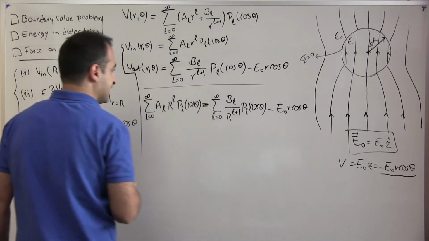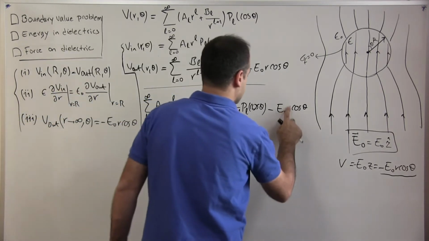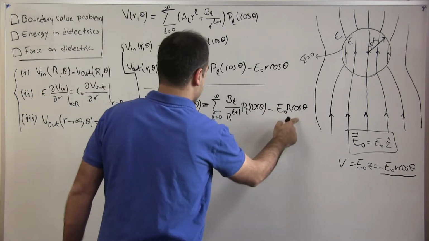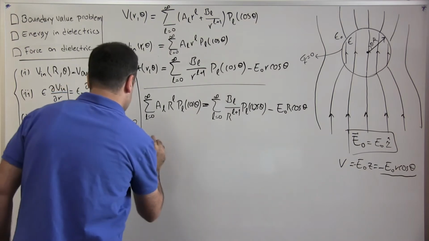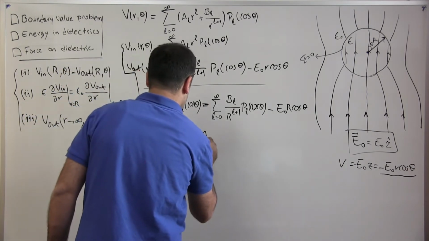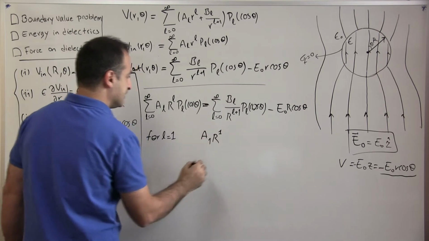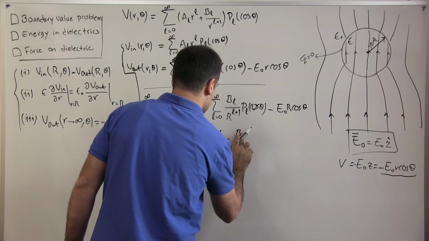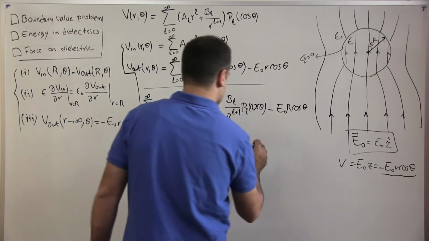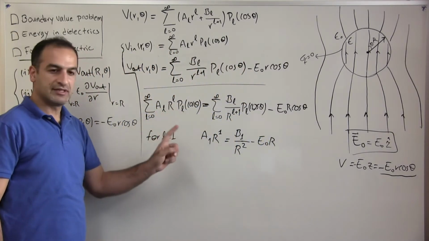For the case that R is equal to capital R, by the way, this is not capital R. For the case that L equals 1, we have this term as well, and if we write the equation only for the case that L equals 1, what we get is that A1 R, which is this term, A1 R basically should be equal to B1 divided by R squared minus E0 R. And if you remember, P1 of cosine theta is cosine theta.